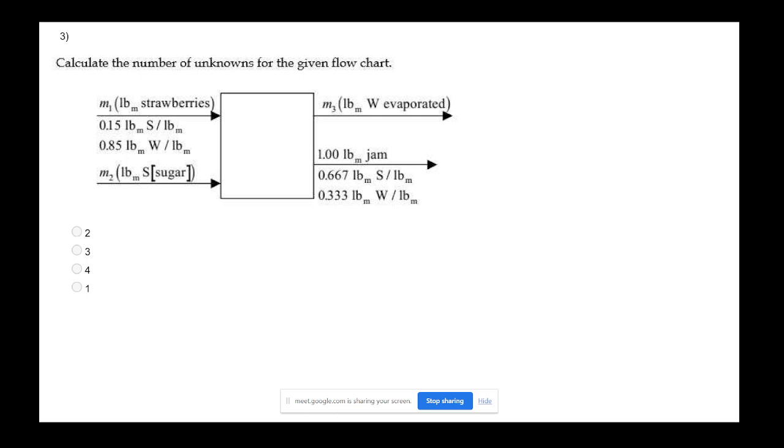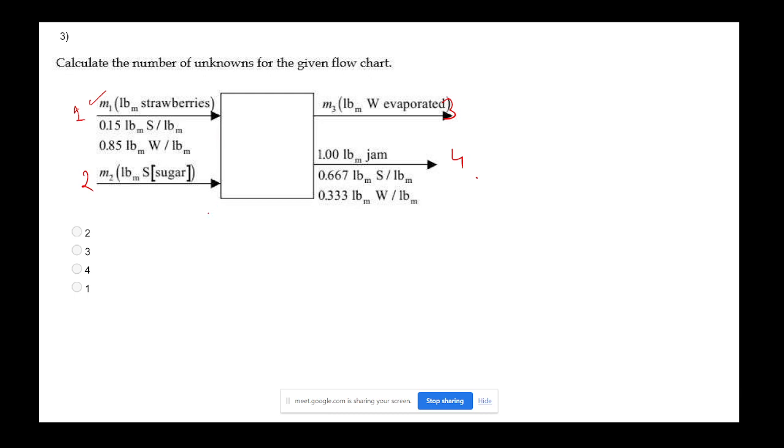So for that, what you will do, let's say what all parameters you have. So M represents the flow rate or the mass of that particular stream. So this is stream 1, 2, 3 and 4.